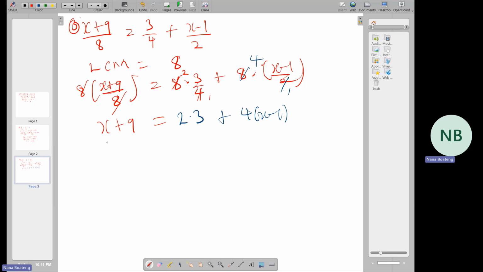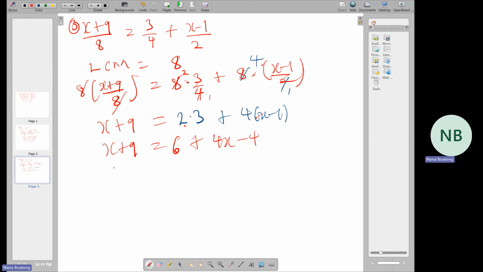All right, so this becomes x plus 9 is equal to 2 times 3, which is 6, plus 4 times x, which is 4x, and 4 times -1, which is -4. Now we can group the constants on one side and the variables on the other.